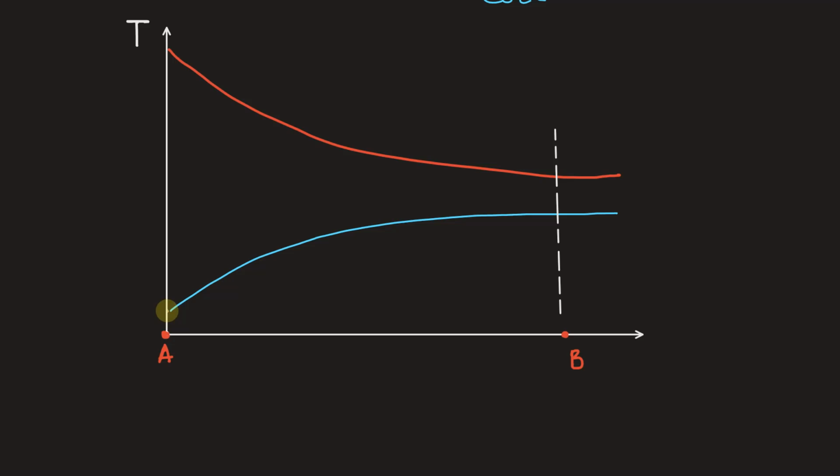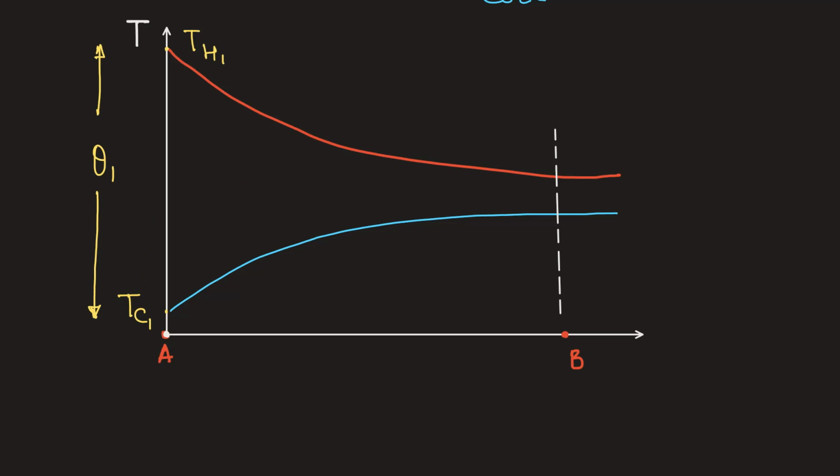Now at this point, this is the initial temperature of the cold liquid, and here it is the initial temperature of the hot liquid. Let's write it as TH1, and the difference of these two is written as theta1. Let's say this is theta1, that is the difference between TH1 and TC1.